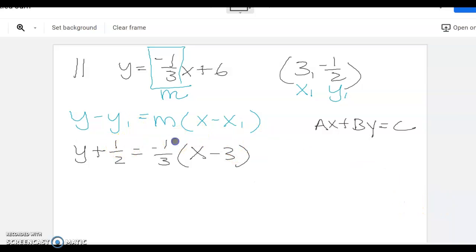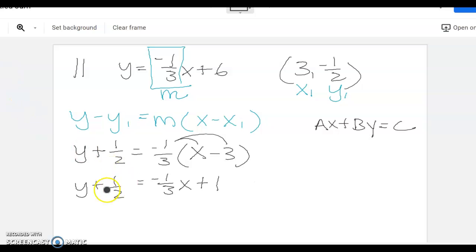So I'm still going to go through. I want to get rid of my parentheses. I have -1/3 x, and then remember, when I'm multiplying by a fraction with the numerator of 1, I'm really dividing by that number. So -3 divided by -3, that's going to be a +1. And then I still have this part of my equation, trying to get x and y over on the same side.